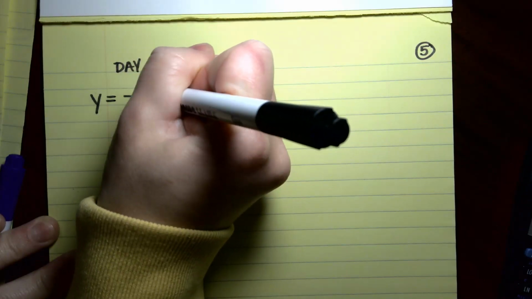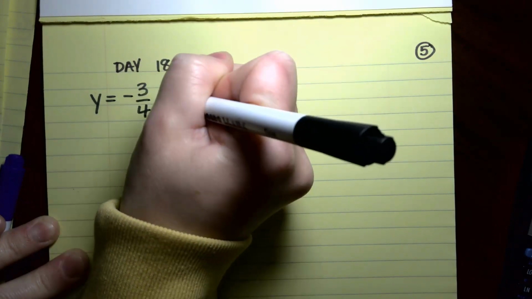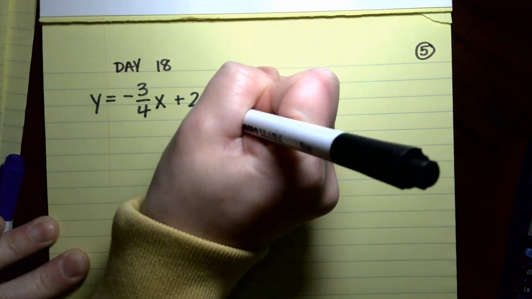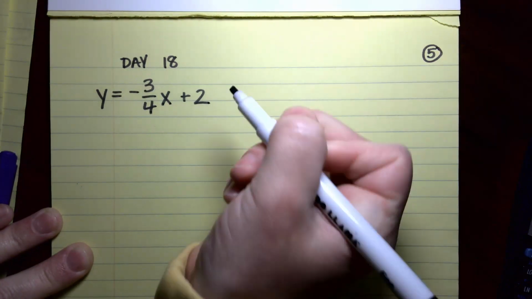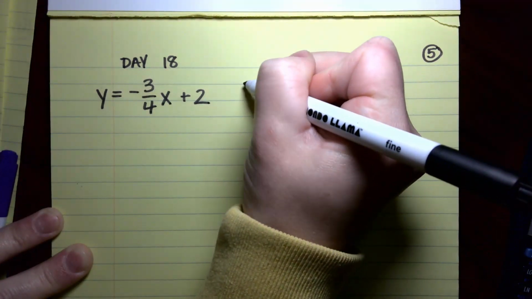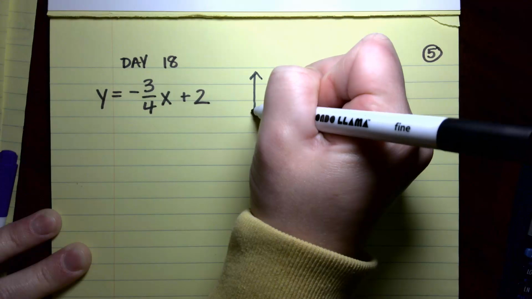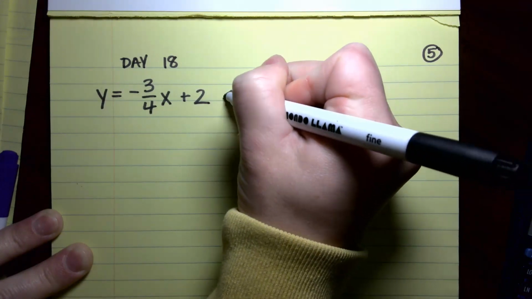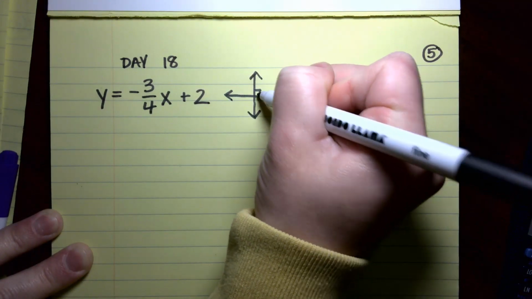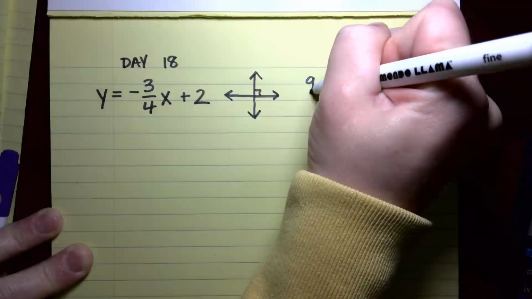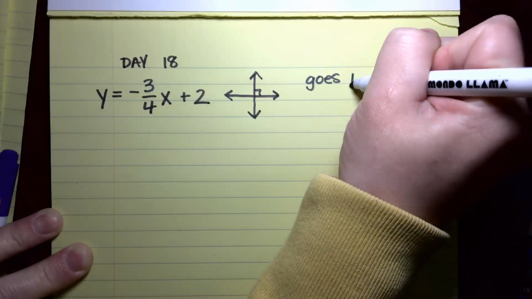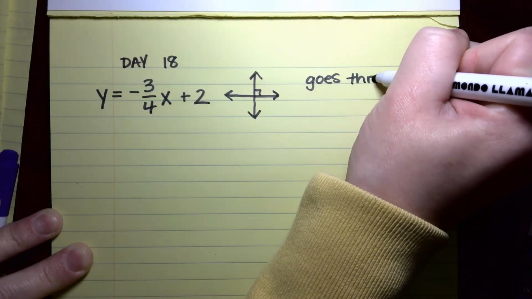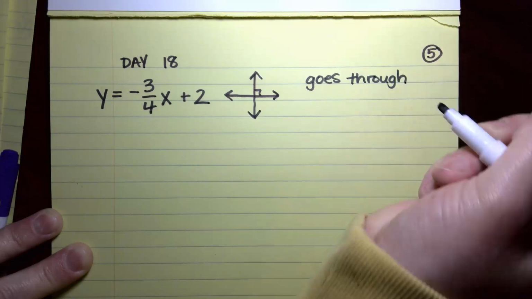My original line is going to be y equals negative 3/4 x plus 2. And I want to find the equation of the line that is perpendicular to this, and it goes through this point.